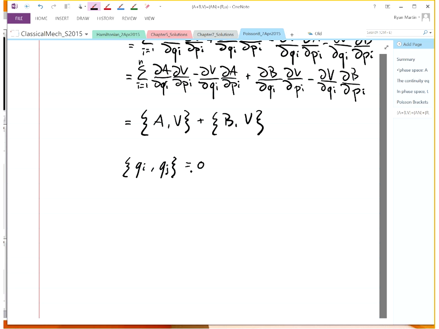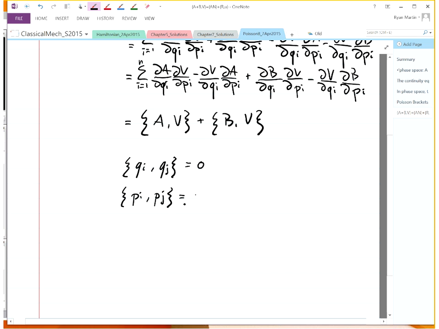It's like, for example, 1 times x plus 0 times p_x. So the generalized coordinates themselves are functions of the canonical variables. So the Poisson bracket of any coordinate with another coordinate, including with itself, is obvious. The Poisson bracket of something with itself is always 0, because then the two terms in the sum are the same, and there's a minus sign between them. So the Poisson bracket of a coordinate with any other coordinate is always 0.